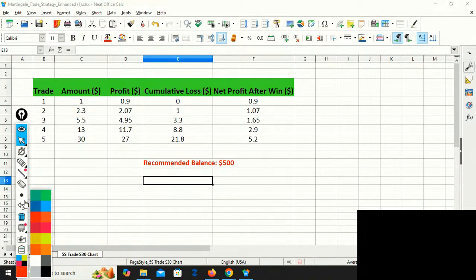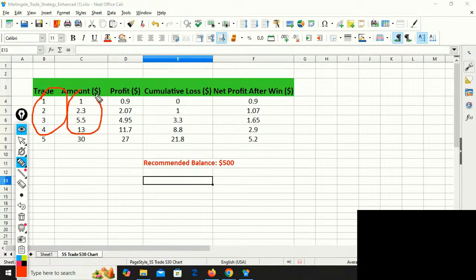So usually I only trade four trades per cycle in case I'm using any martingale in my strategy. So if you lose the first trade, you go for the second trade. If you win, you go back to the first.